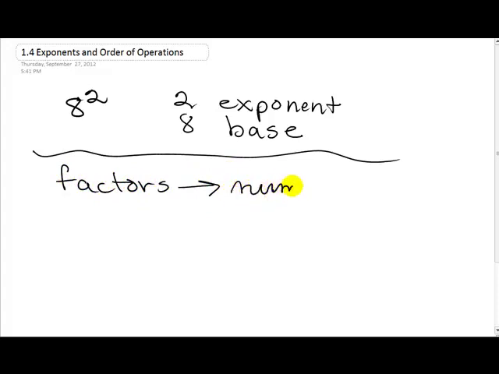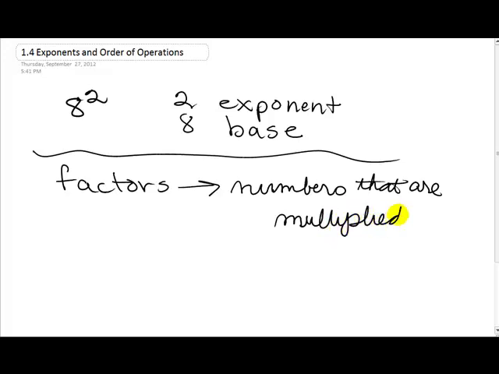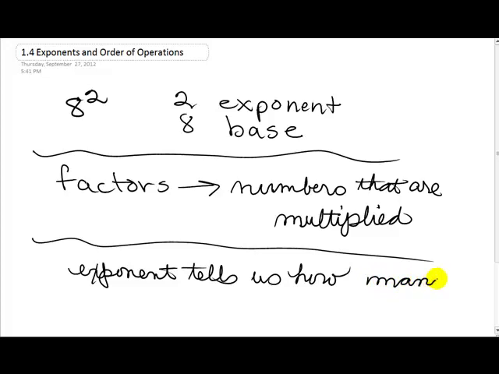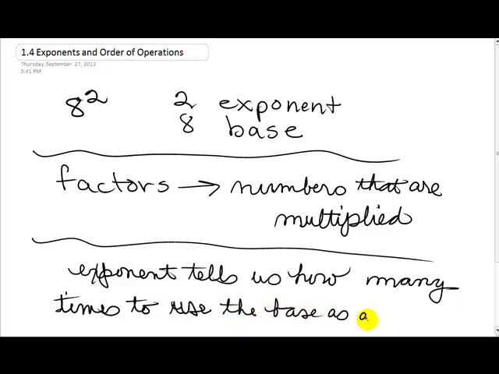These are numbers that are multiplied. And so with our exponents, the base, the exponent will tell us how many times to use the base as a factor, the number that is multiplied.